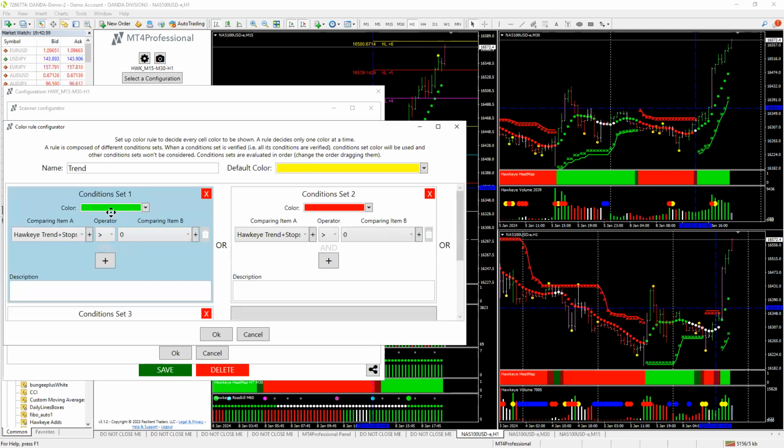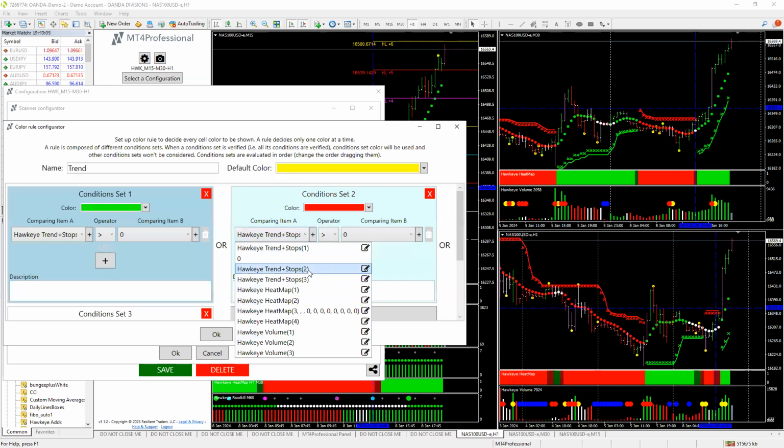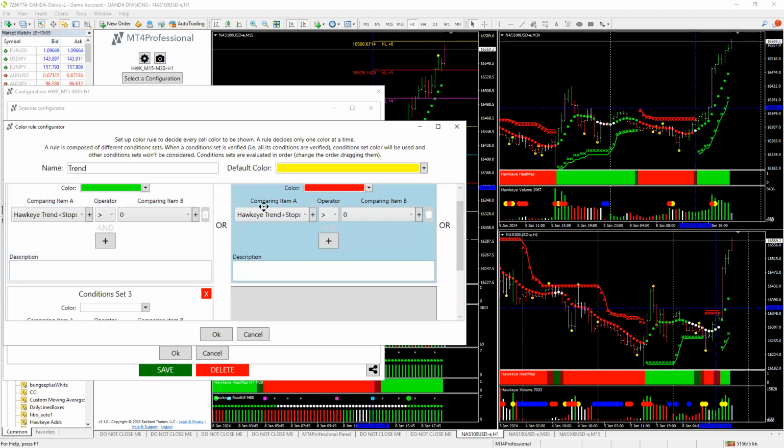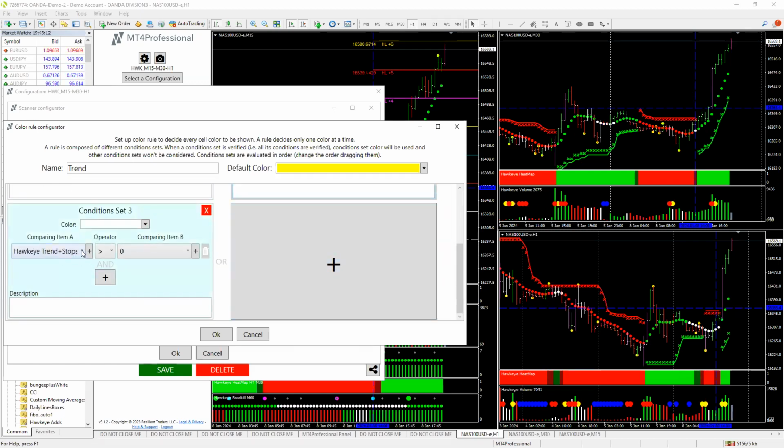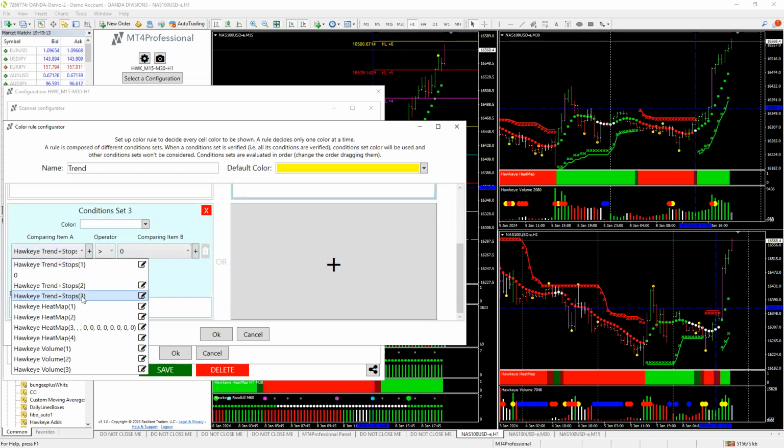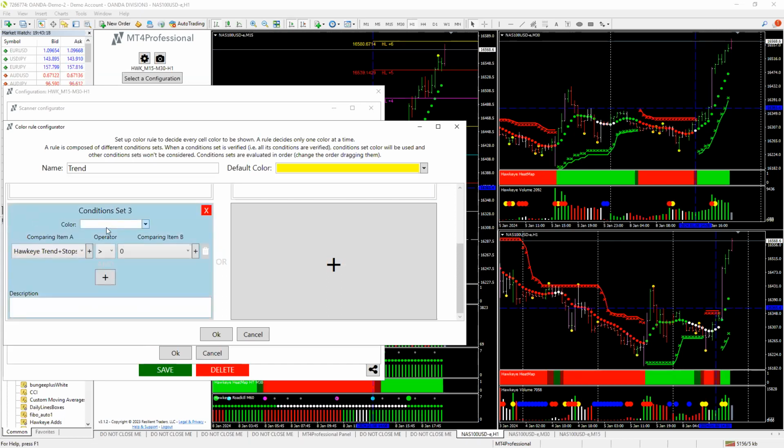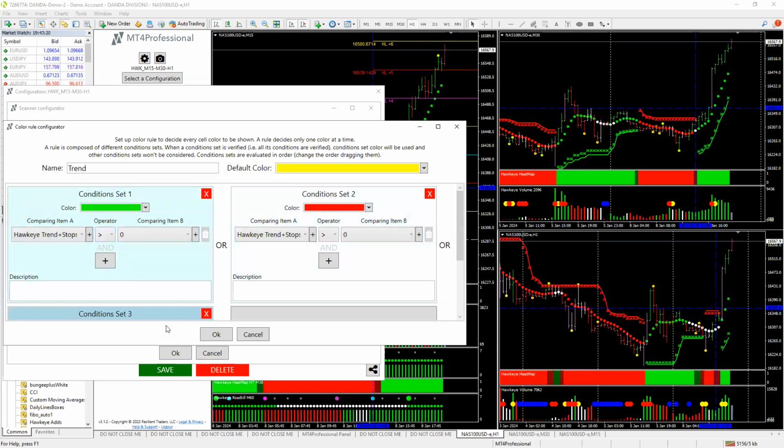So that's bullish. The second output of the indicator is the bearish indication, and the third output is my neutral or consolidation position. So any one of these comes set up, then it'll trigger off of that.